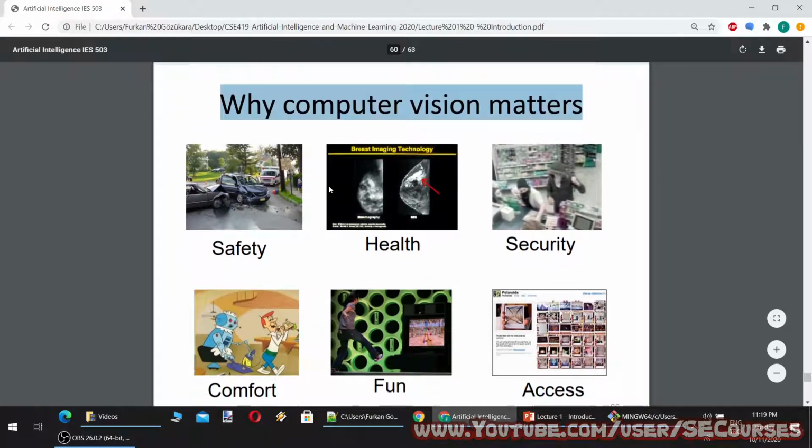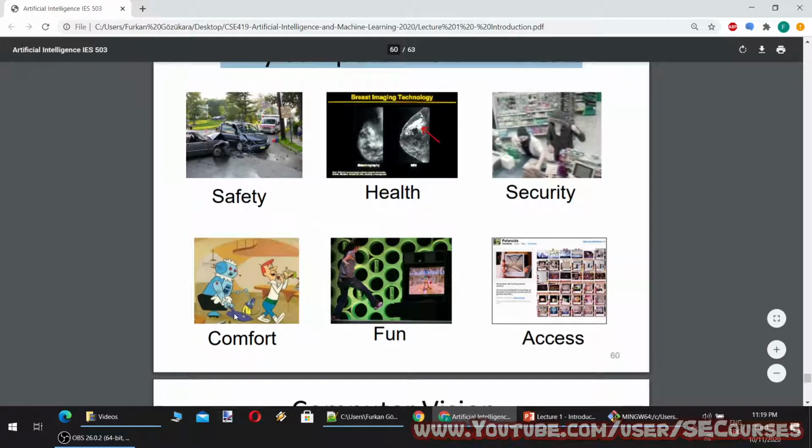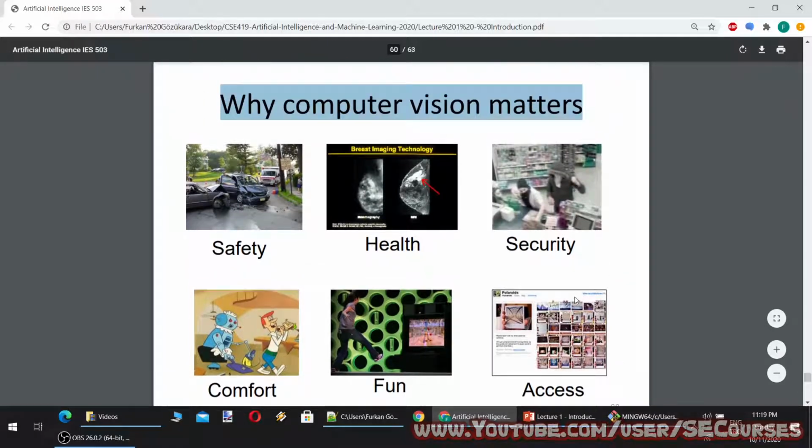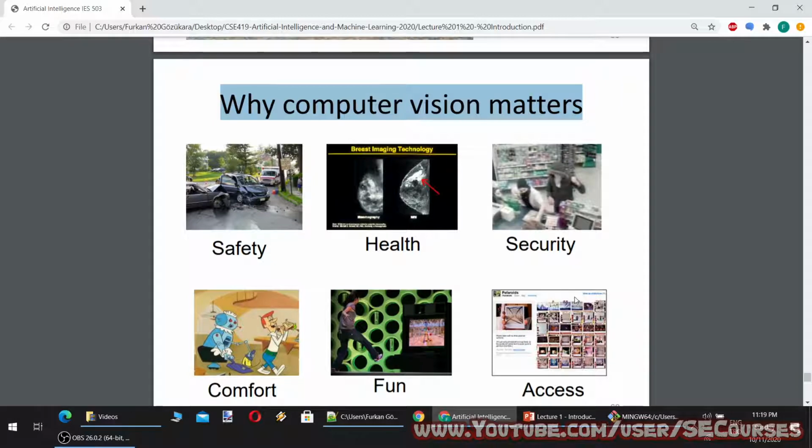Why computer vision matters: safety, health, security, comfort, fun, access. Basically, we need computer vision to have autonomous systems, or to make our jobs easier.